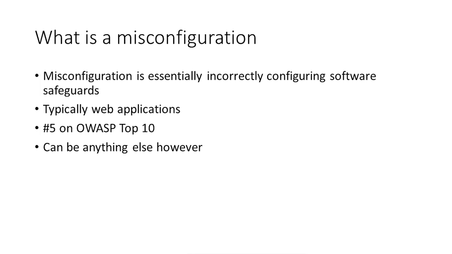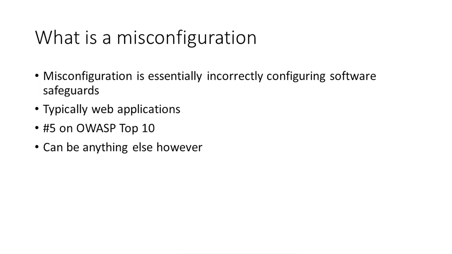Let's talk about what misconfiguration actually is. Well, just like it sounds, it's incorrectly configuring software safeguards or incorrectly configuring something else on the system, or forgetting to actually configure something on the system.